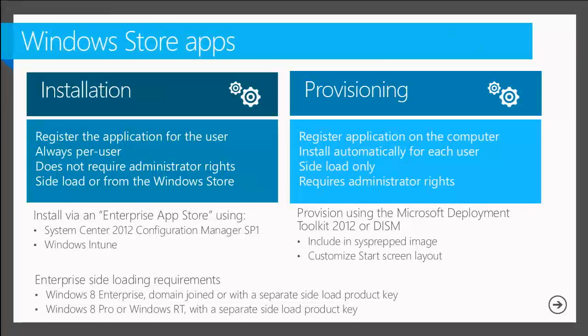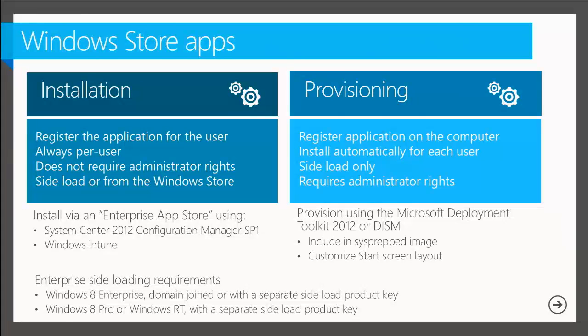If I log on to a computer, go to the Windows Store, and install an application, and then switch to a different user on the machine, that app won't be installed for the other user on the machine. The other user would have to go to the store themselves, log on with their own Microsoft account, and install the application again in order to get it onto their account. So all of these install operations are per user.